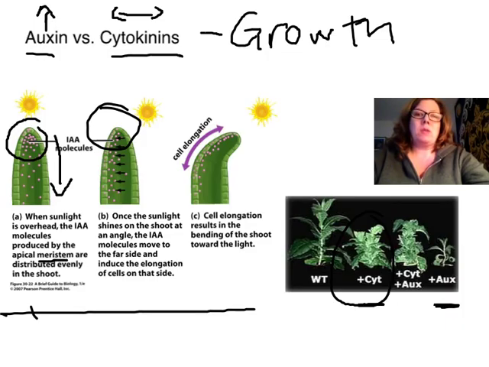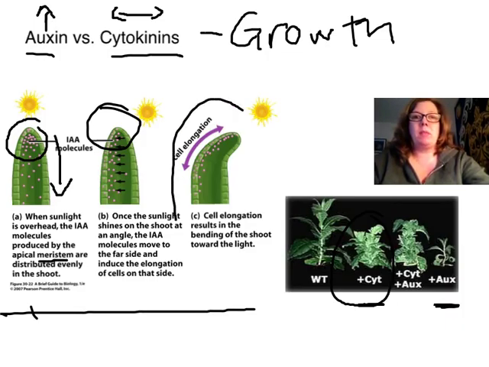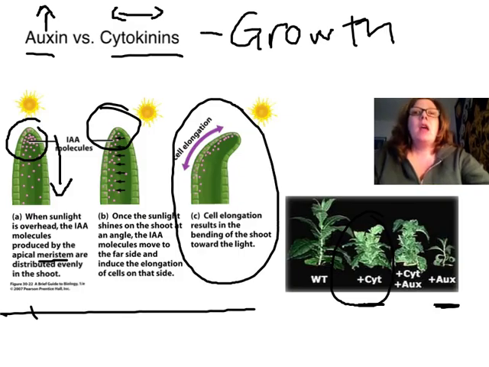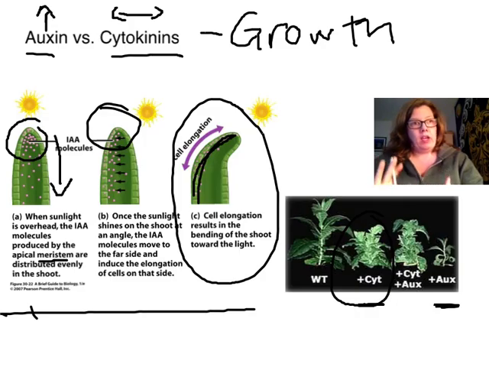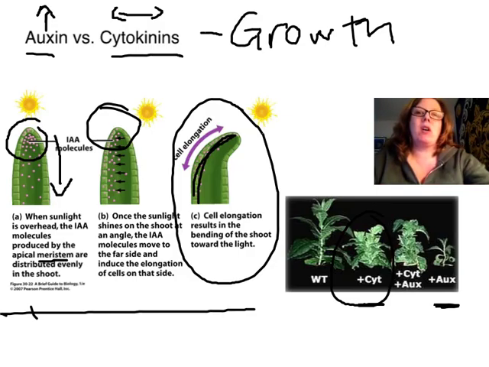Something else that auxin is responsible for, it's kind of cool, is something called phototropism, and that's what this picture is here. And what you're seeing is the auxin starts to accumulate on this side of the stem. So if you've ever grown a plant in a window in the wintertime, like you bring your plants in, sit it in the window, if you don't turn that plant periodically and you just let it grow, you'll notice the stem will start to grow toward the light, grow toward the window, and that's because of auxin as well.